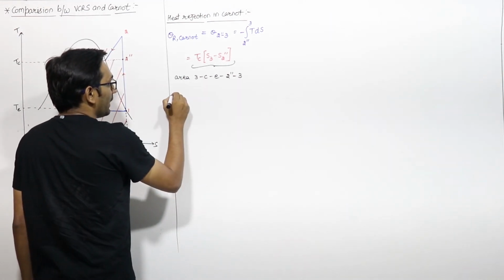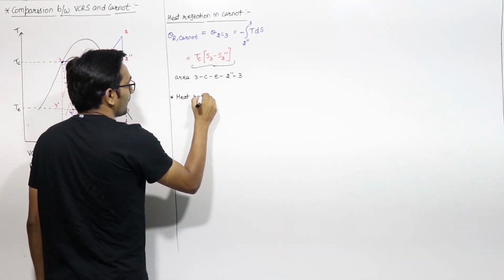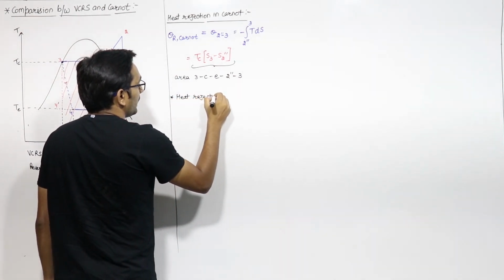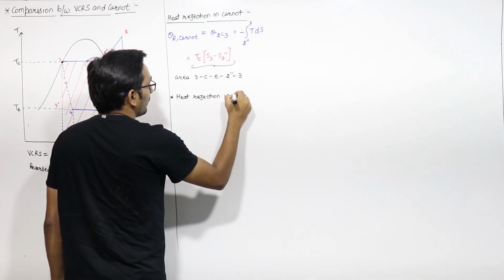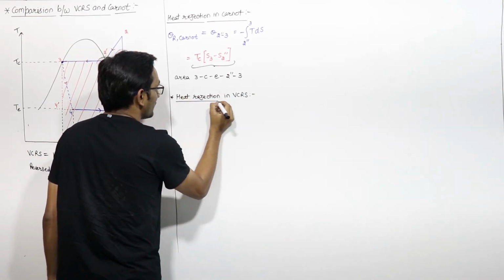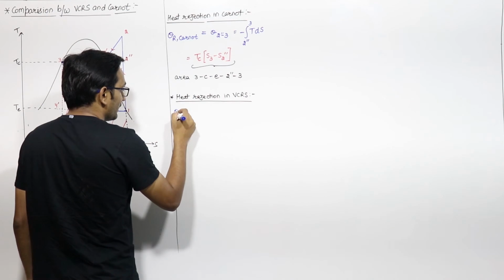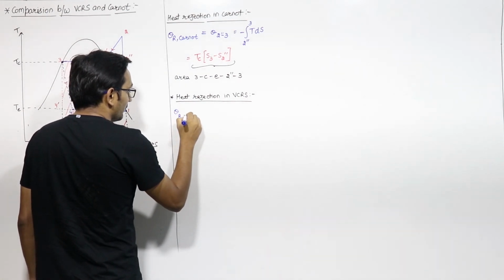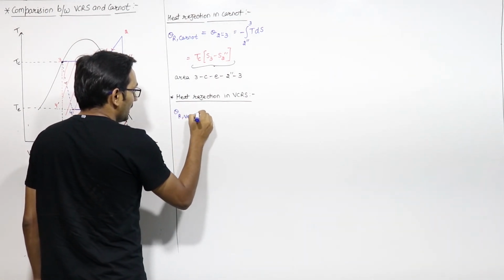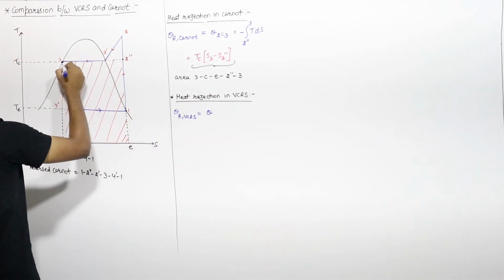Similarly, if you want to find the heat rejection in the vapor compression refrigeration system, the standard VCRS, this will be equal to the heat rejection in the process 2 to 3.